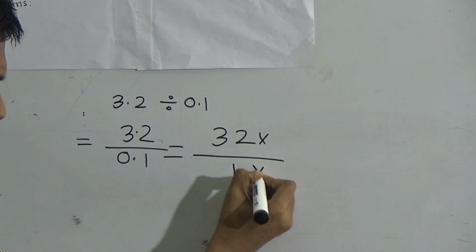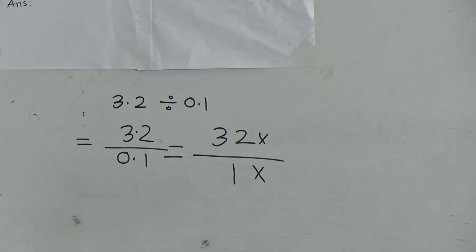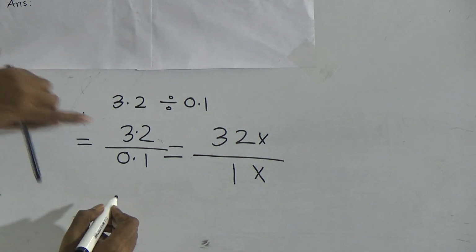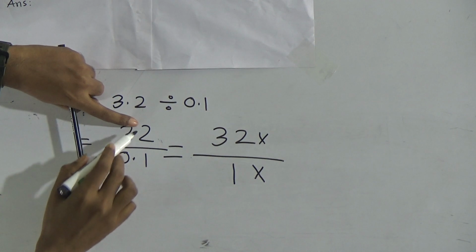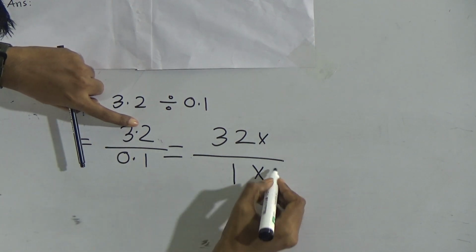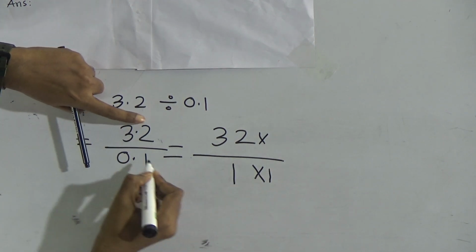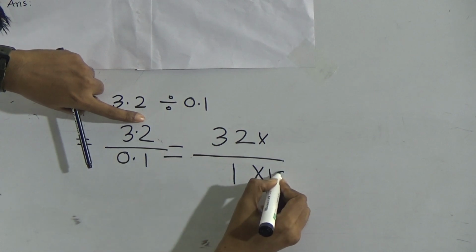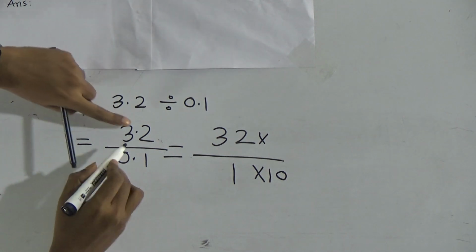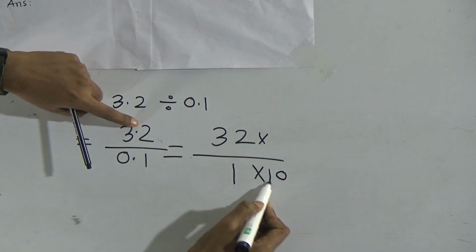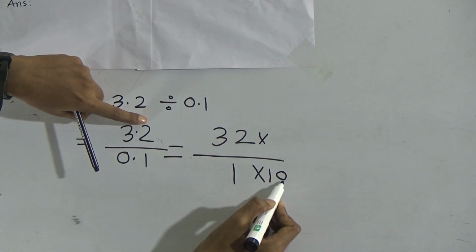Now you see there is a point. For the point you take 1, and for 2 you write 0. I repeat again: for the point you take 1, for 2 you write 0.